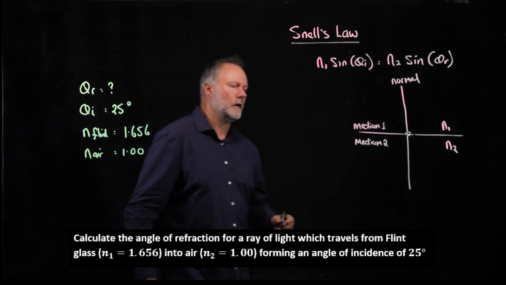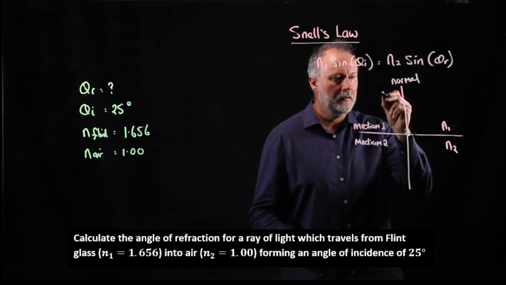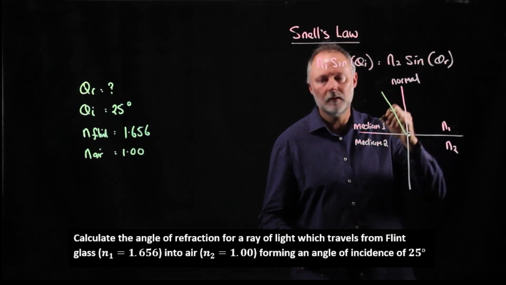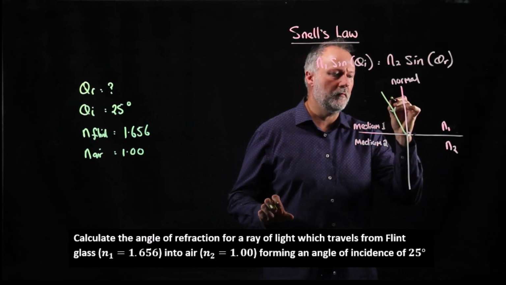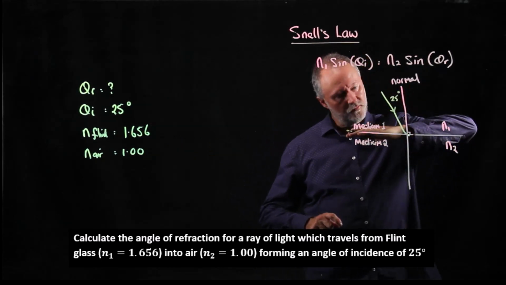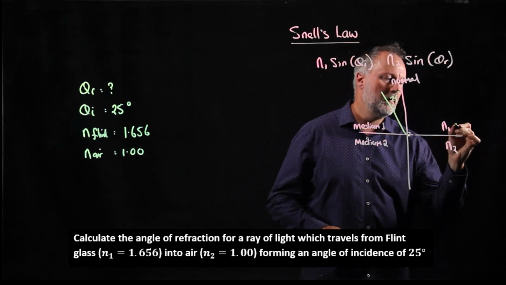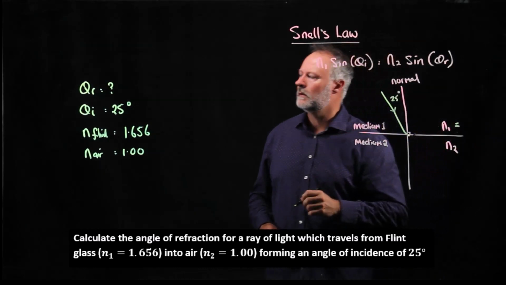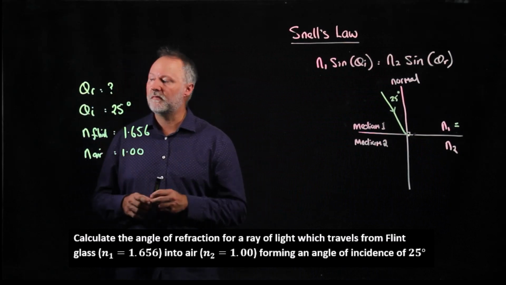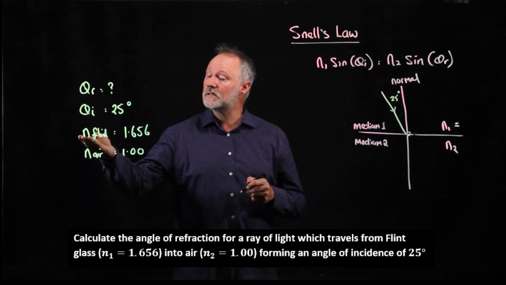So let's have a look at this diagram. We have an incoming or an incident ray of light at an angle of 25 degrees. Now again, that angle is from the normal, not from the interface of the two materials. Now, in this description, the first material described says the ray of light is traveling from flint glass. So we're using this as our N1.